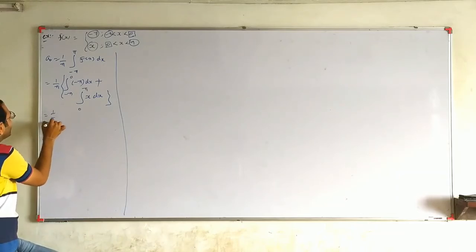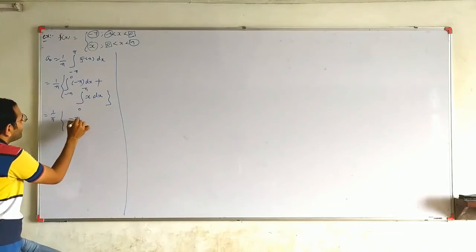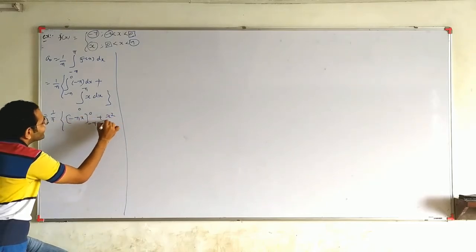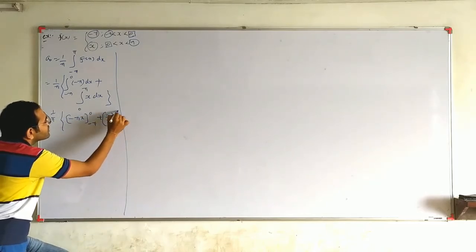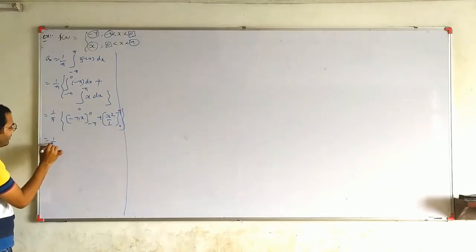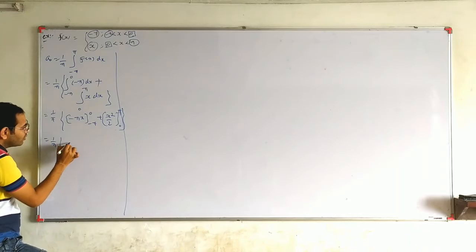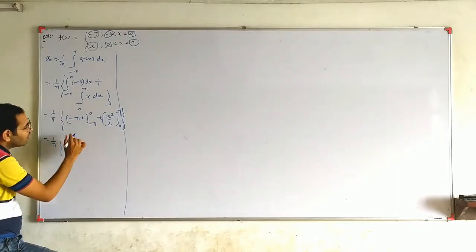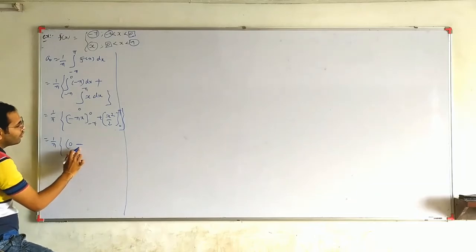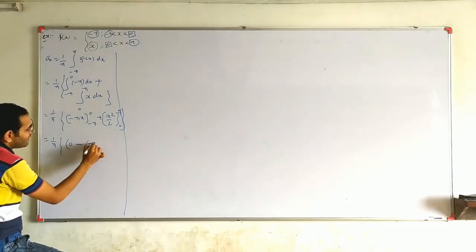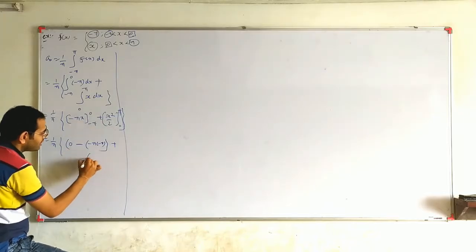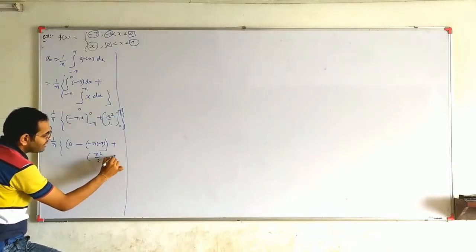Now we apply the integral: minus pi into x from minus pi to 0, plus x square by 2 from 0 to pi. Then upper limit minus lower limit: 1 upon pi, 0 minus, then 0 into anything is 0, minus pi into minus pi plus pi square by 2 minus 0.